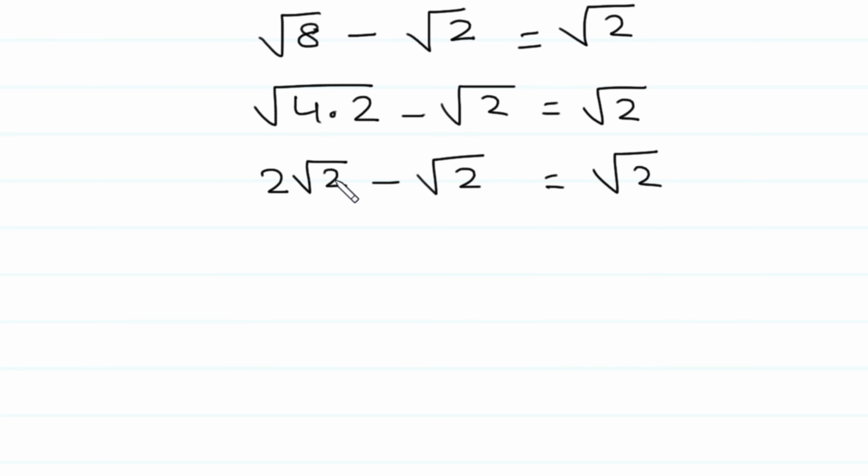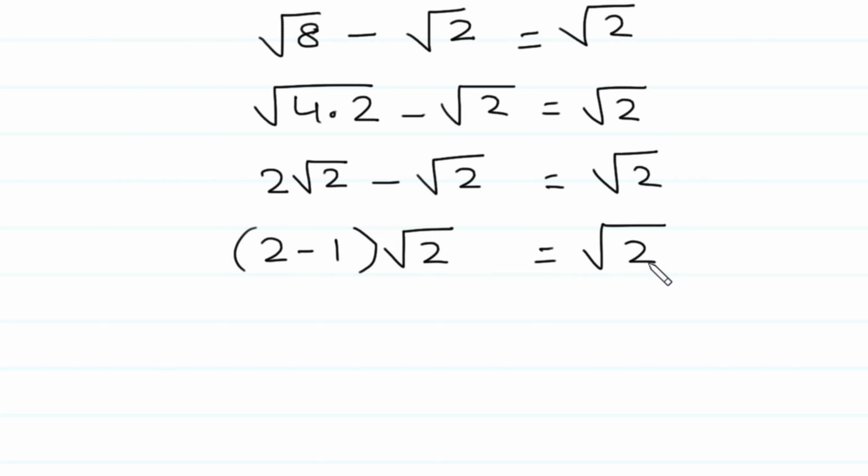From here if we take square root of 2 as common, and in bracket left, from here 2, this minus comes here, and from here 1, is equal to square root of 2. 2 minus 1 is 1, 1 times square root of 2 is equal to square root of 2.